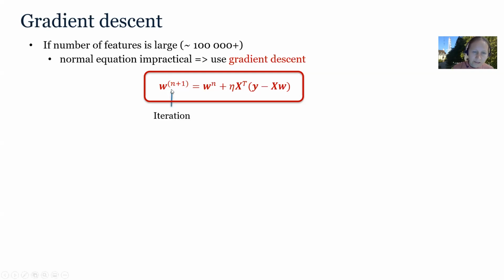You see here that n or n plus 1 refers to the iteration, and we will update by adding the negative derivative with respect to W that we already calculated previously, multiplied by the learning rate.